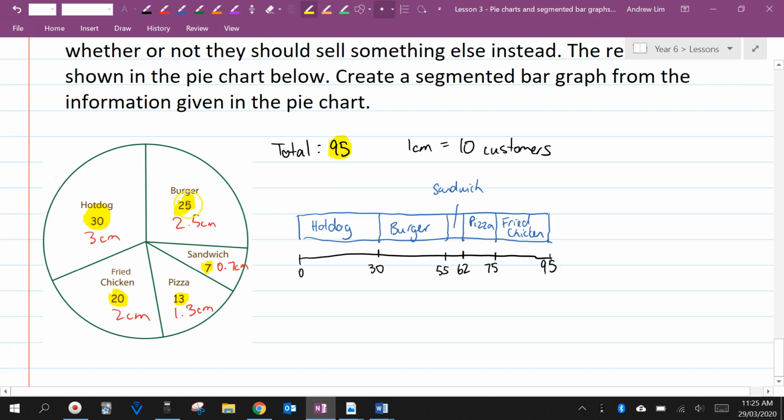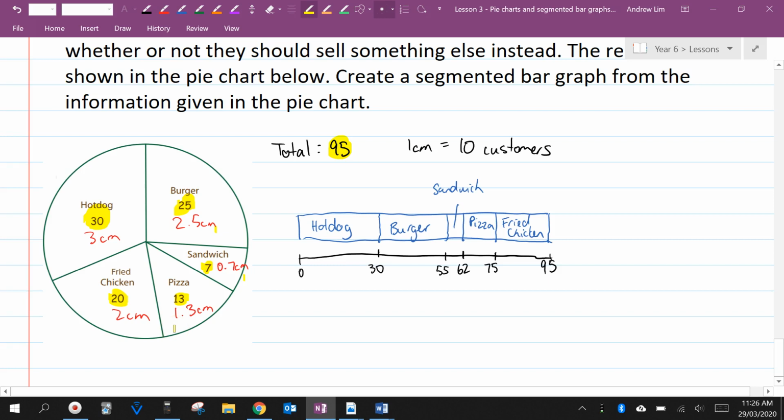A burger, 25 divided by 10 is 2.5, etc. That way, the total length of my bar graph will be 9.5 centimeters long. Okay, so when I add each of these lengths here, it will add to 9.5 centimeters long.